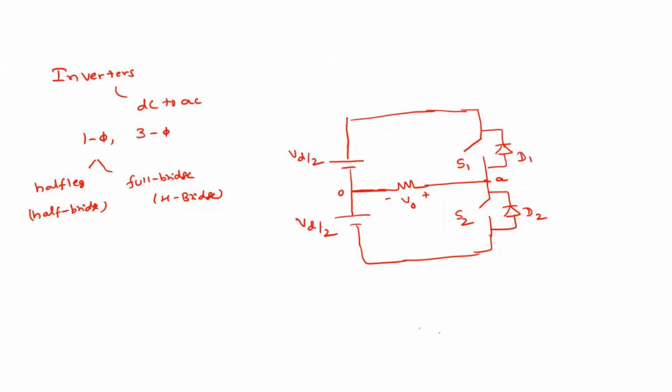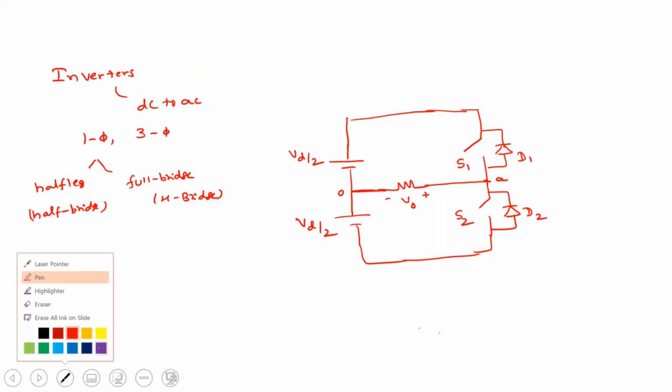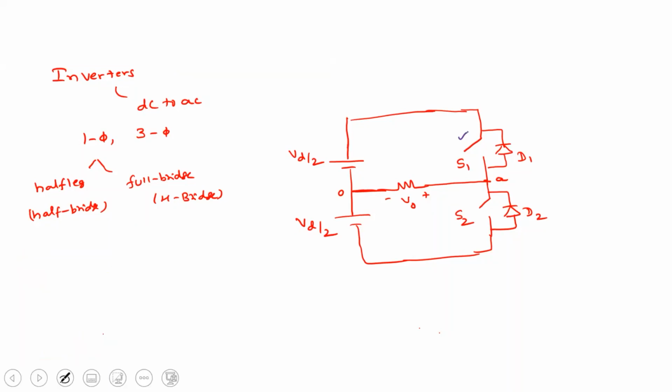You are aware that this will operate in PWM mode or in fundamental frequency mode. If it is operating in fundamental frequency mode, the operation is fairly simple. When the switch S1 is on, this is the load voltage.